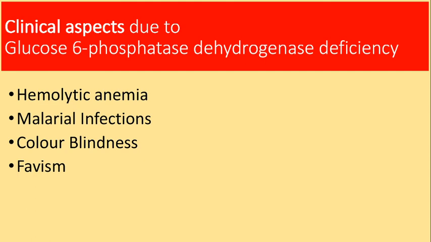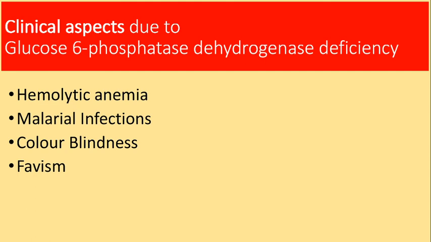It is also seen in color blindness, and in the case of patients with glucose 6-phosphate dehydrogenase deficiency, ingestion or intake of fava beans, eating of uncooked fava beans, may cause erythrocytes to lyse 24 to 48 hours after ingestion of these beans. So such hemolytic effect of ingestion of fava beans is known as favism.